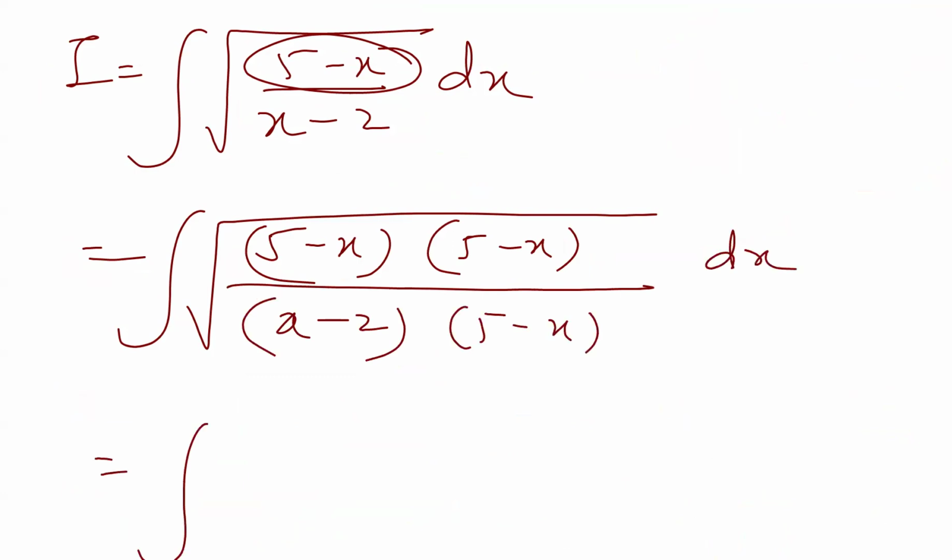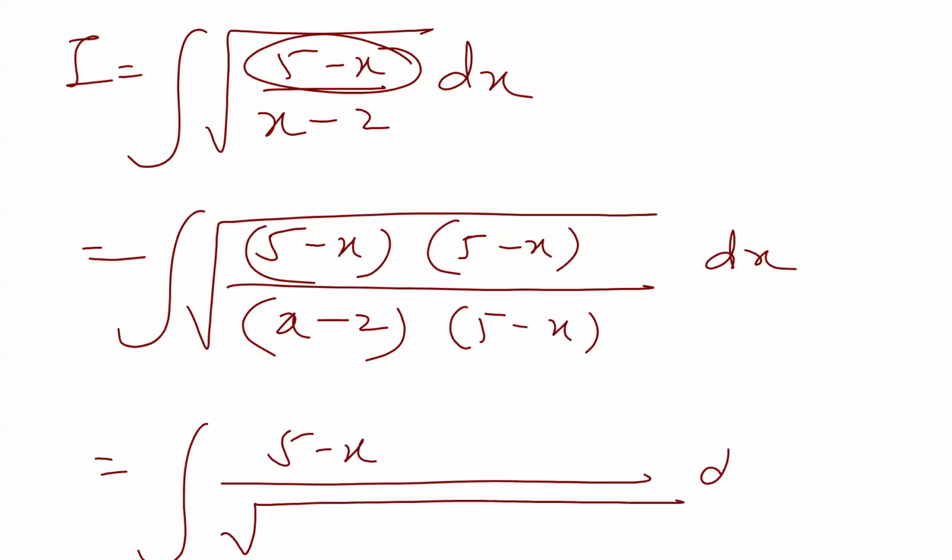So this will be (5 minus x) into root of (5 minus x), the under root is 5 minus x, one term will come outside. Multiply the terms in the denominator, so that will be minus x square plus 5x plus 2x.